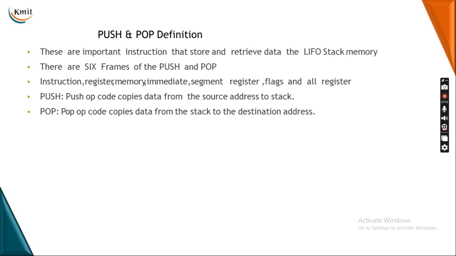So we can push the register, pop the register, push the memory, pop the memory, push the immediate data onto the top of the stack, push the segment register directly onto the top of the stack, pop it, push the flags and pop the flags.